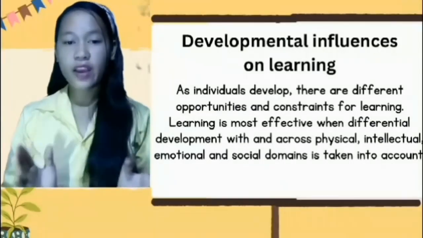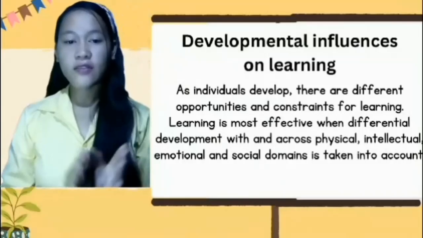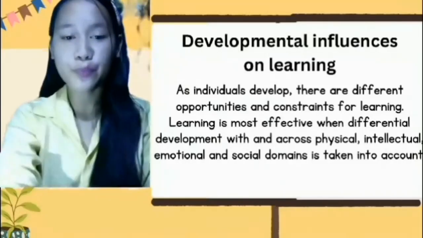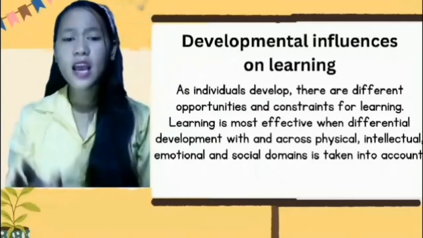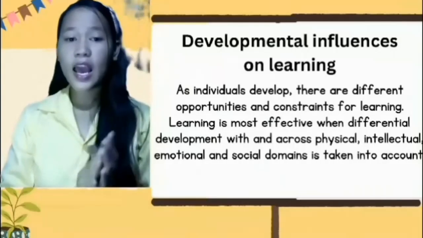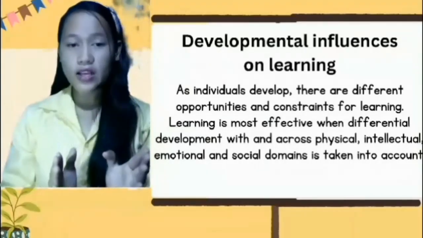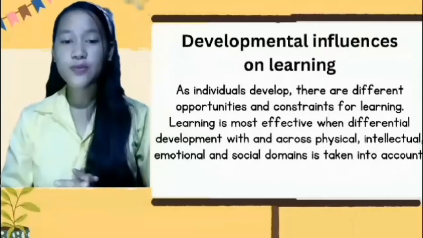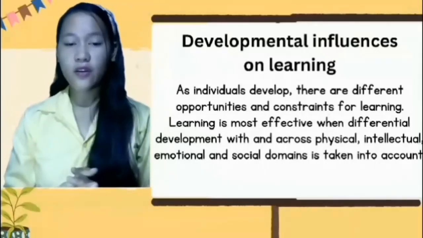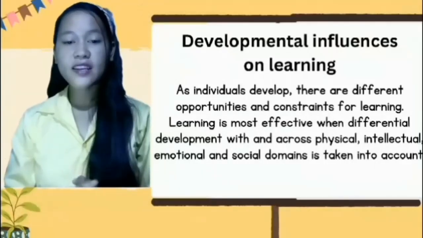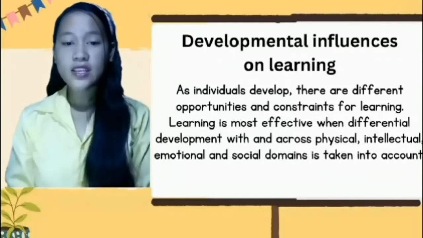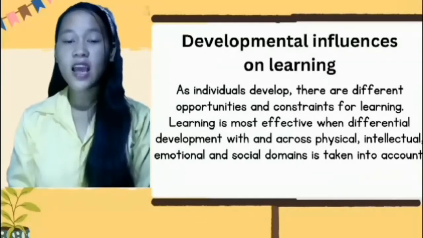Learning is the most effective when development means the way we learn is deeply intertwined with our development, a complex process influenced by a variety of factors. Understanding these influences is crucial for creating effective learning environments and supporting individuals throughout their educational journey.